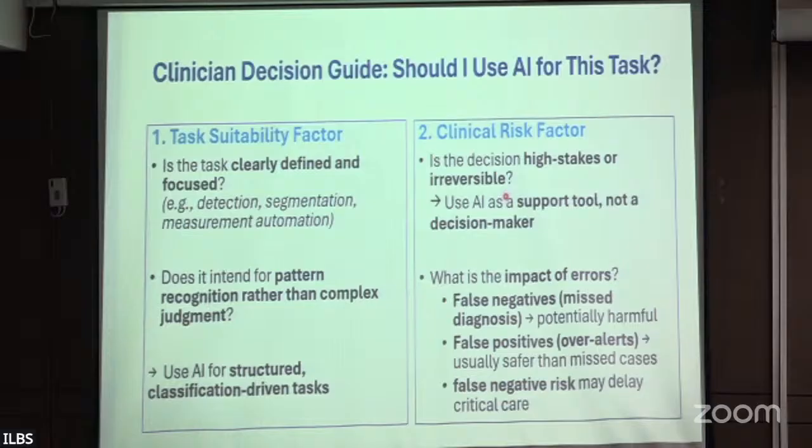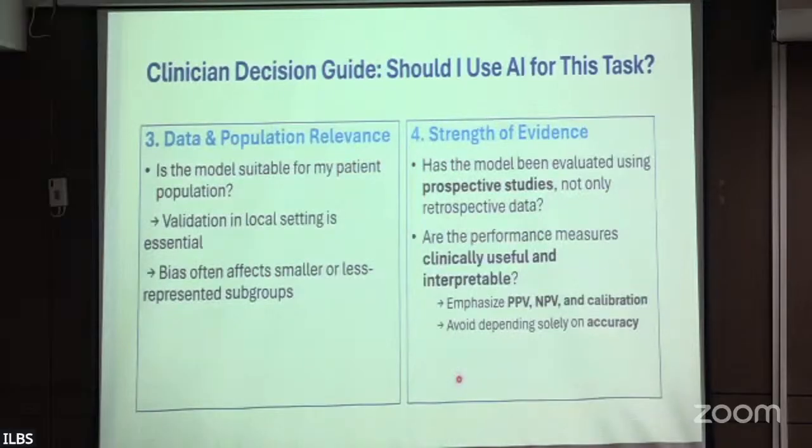In ICU also there may be very critical situations. Here this type of tool should not be the decision maker. That is a very risky area. It needs a lot of validation, so that type of scenario should be avoided. It is still in the research area for that reason.